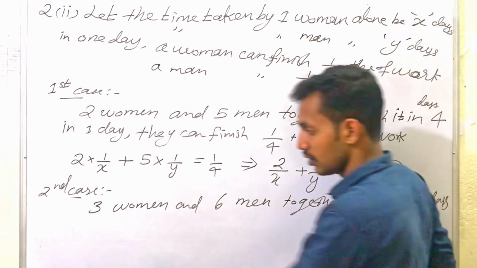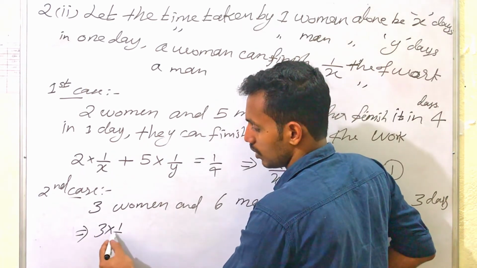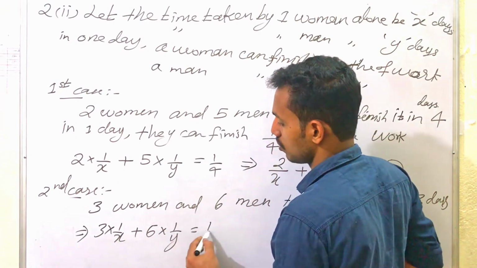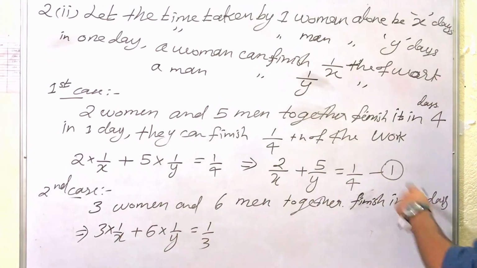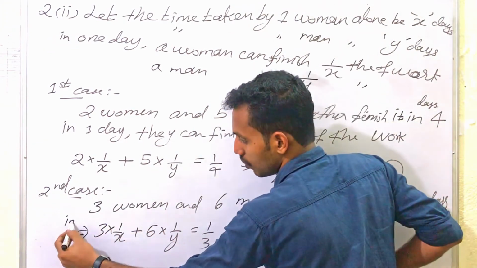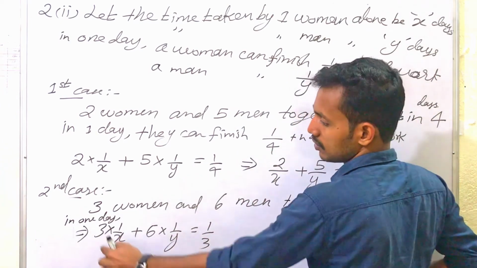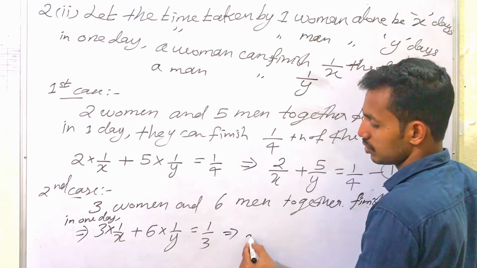Same as we did here: 3 into 1/x plus 6 into 1/y is equal to 1/3, because they need 3 days, therefore in 1 day they can finish 1/3.